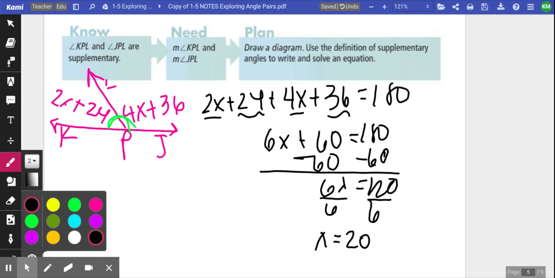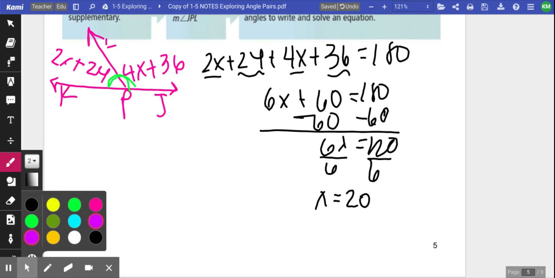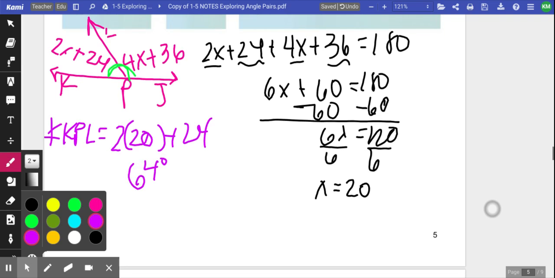So now, if I have to find each angle, I'm just going to substitute in. X is 20. So angle KPL is going to be 2 times 20 plus 24. So 40 plus 24, that's 64 degrees.